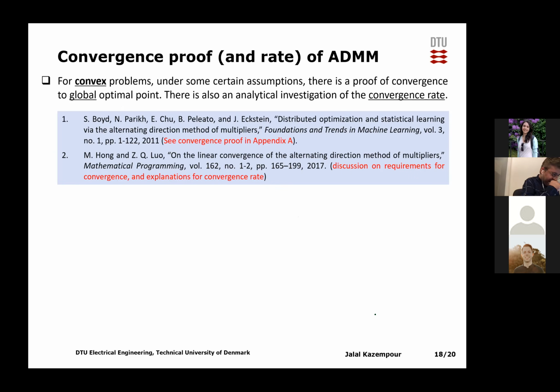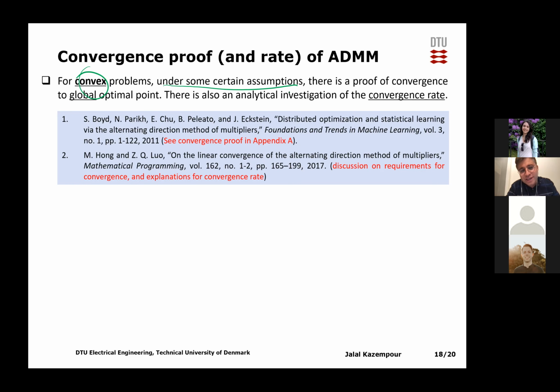Let me provide some references for you. For convex problems, under certain assumptions, we have a proof of convergence to the global optimal point. For example, the problem should be convex, an optimal point should exist, Slater conditions should hold, and the objective function should be continuously differentiable for LR, not for ALR, sorry.